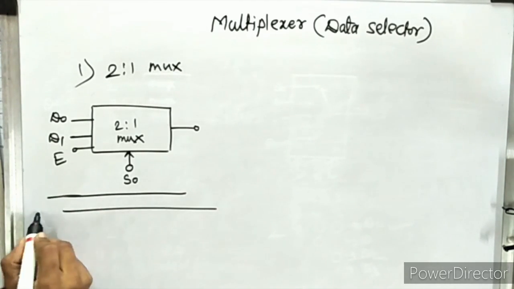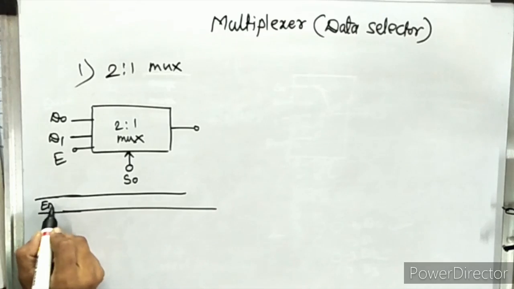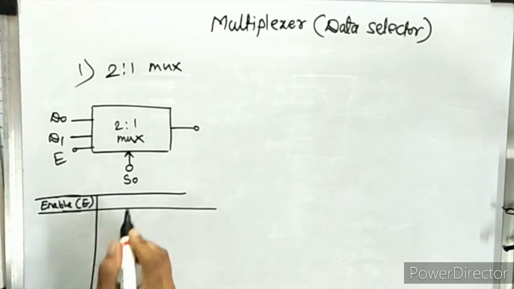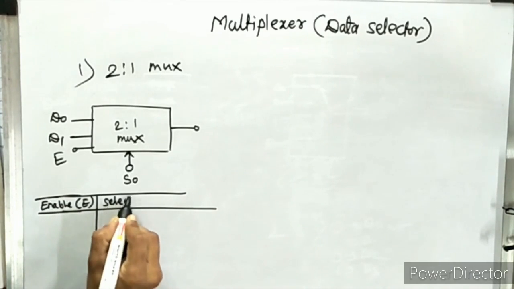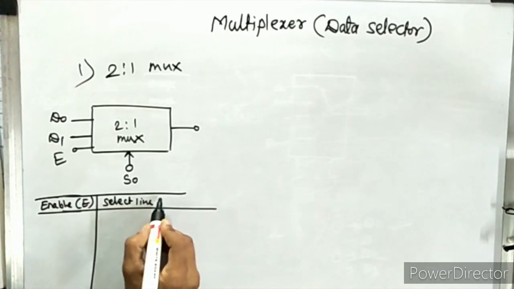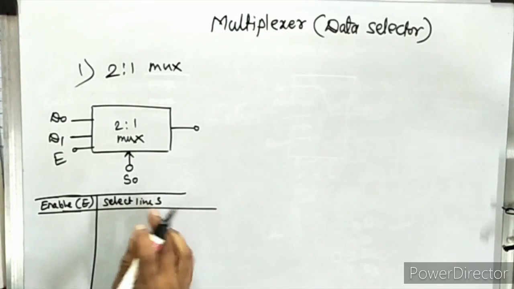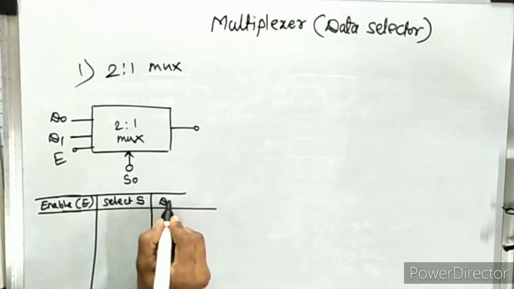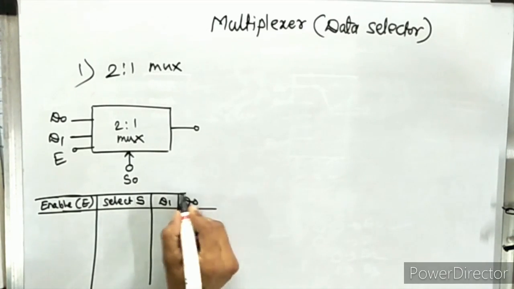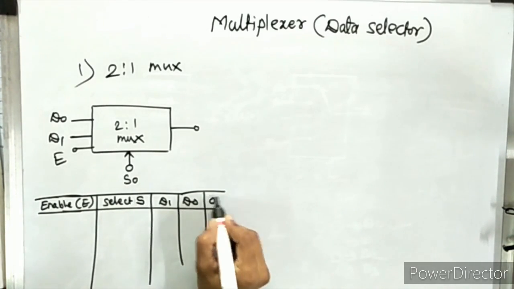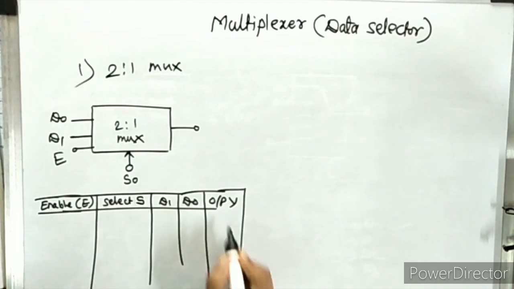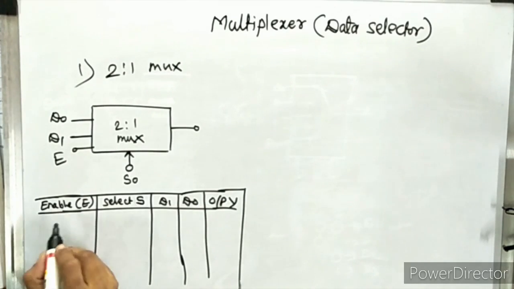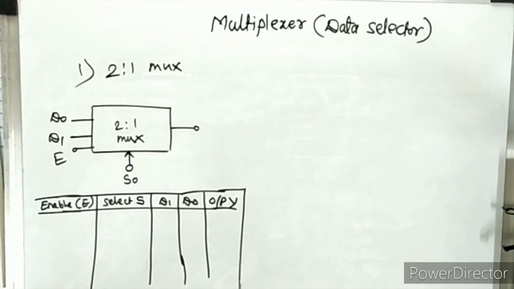We have different inputs, that is enable, that is E, then select line, that is S, or select input, that is S, then inputs D1 and D0, and here the output Y. So here enable is very important.